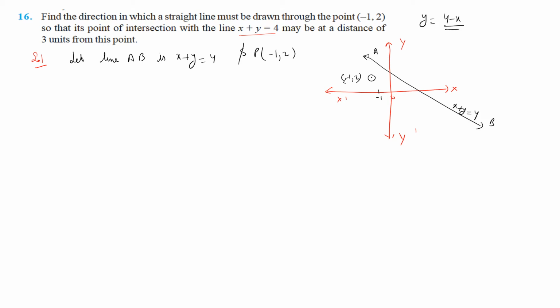So the situation is something like this: a line is passing through this point and is intersecting the line x plus y equals 4 at the point Q with coordinates (h, k).